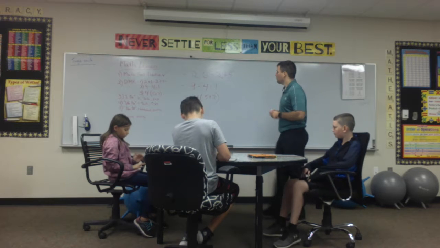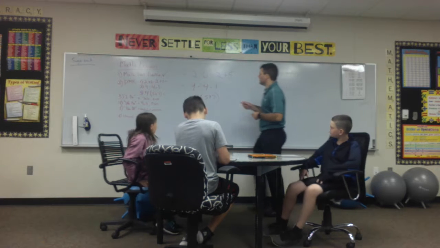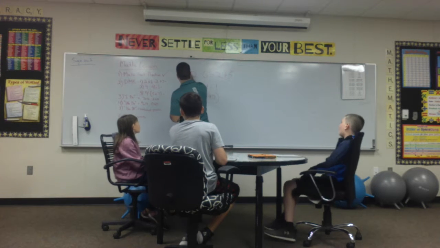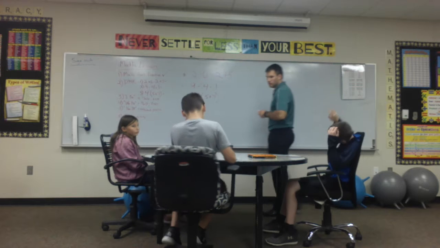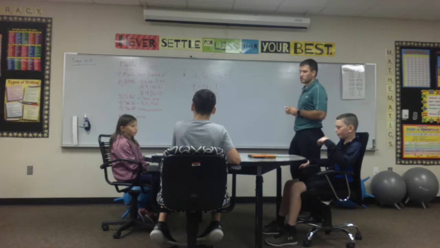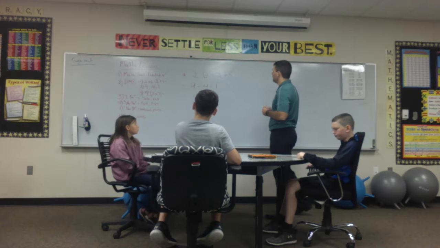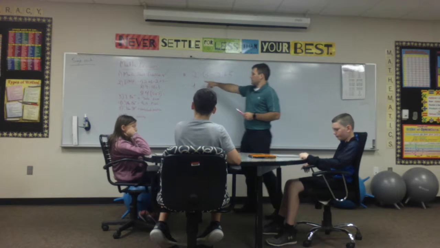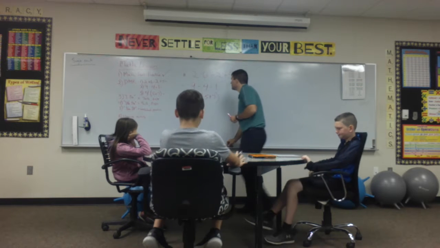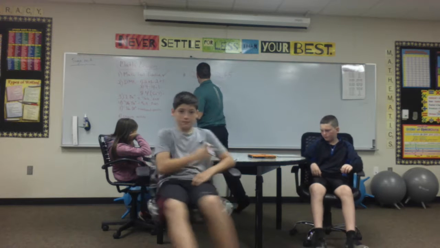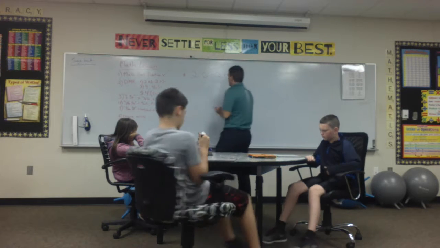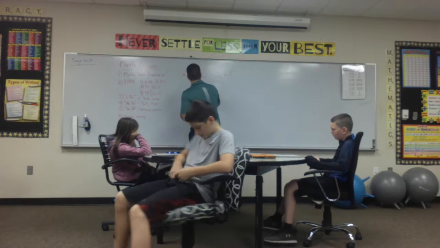Okay, so what do I need to do first in our first problem? Jonathan, can you walk me through what we're going to do first? What operation? On this one right here. 2 times 6. Okay. So 2 times 6 is what? 12.